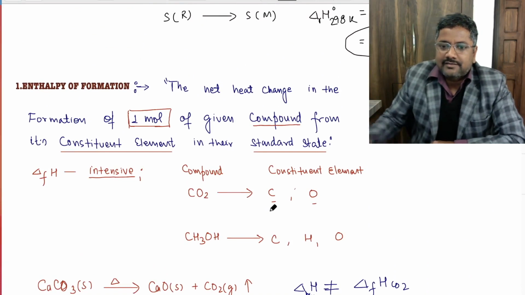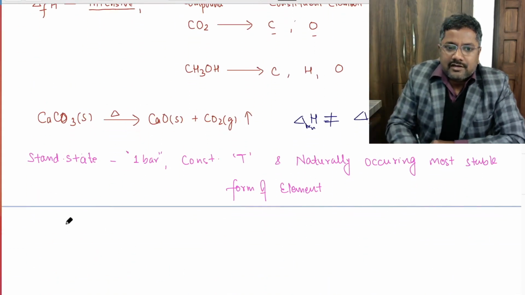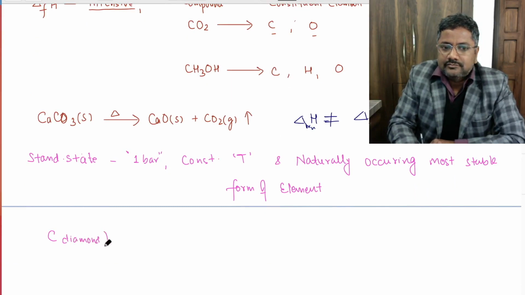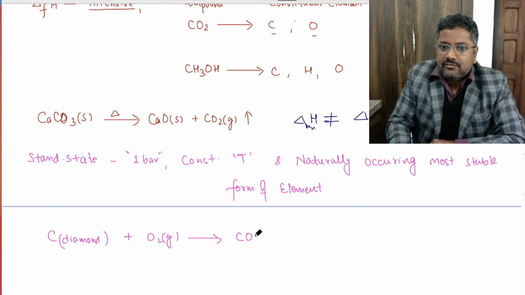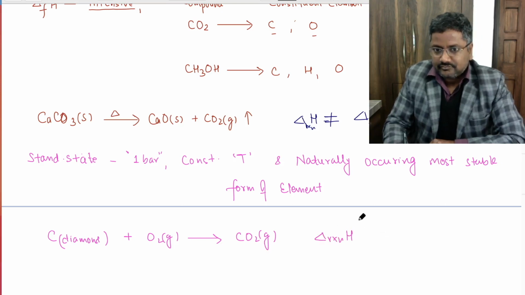Suppose that you are taking the formation of carbon dioxide with carbon diamond plus O2 gas gives CO2 gas, 1 mole of CO2 gas, and delta H of this reaction is also not equal to the delta H formation of CO2.